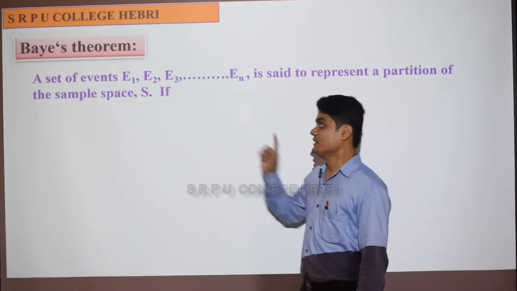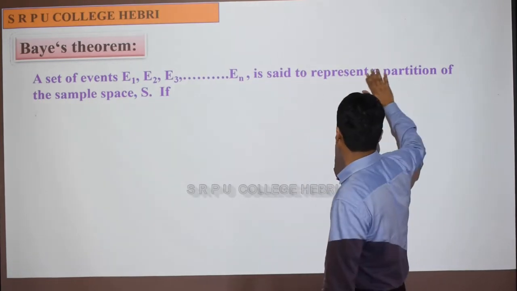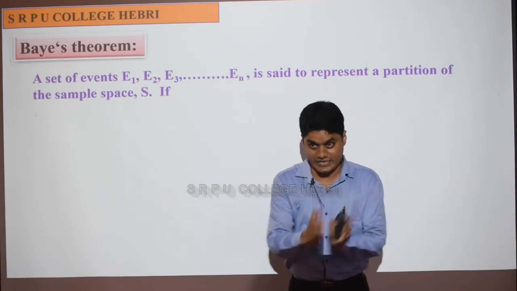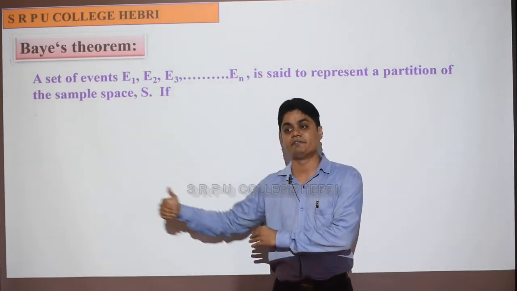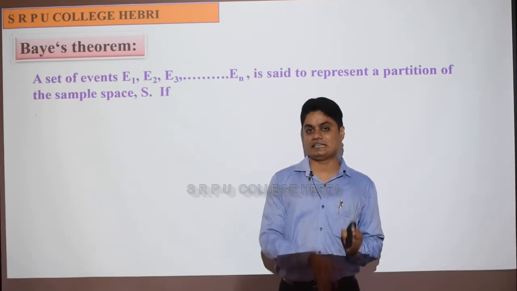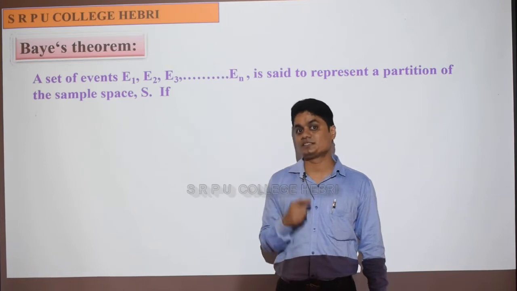Listen carefully. A set of all events E1, E2, E3 up to En is said to represent the partitions of the sample space. As I told, we are dividing the sample space into different groups. When we divide the sample space, those groups are definitely called events, because groups are subsets of the sample space and an event is also a subset of the sample space.